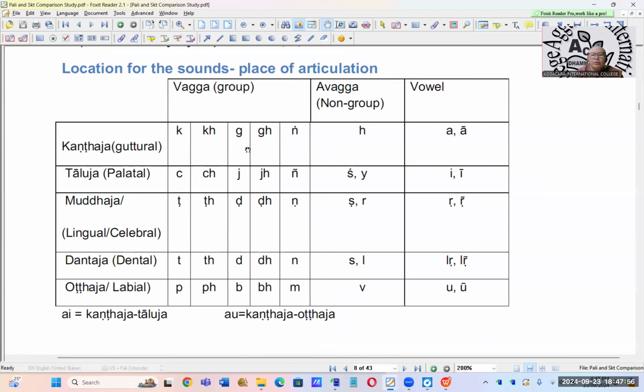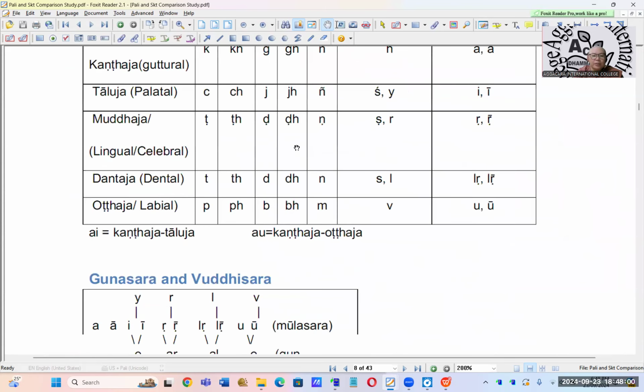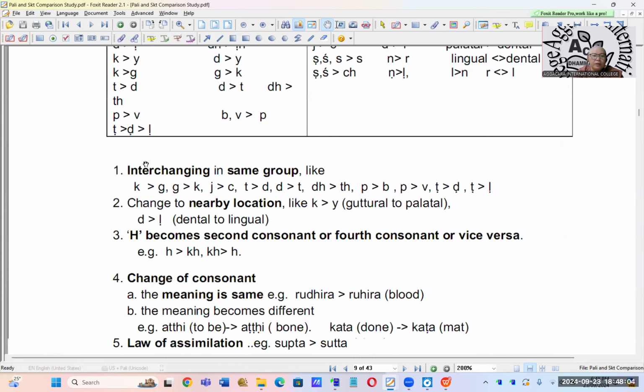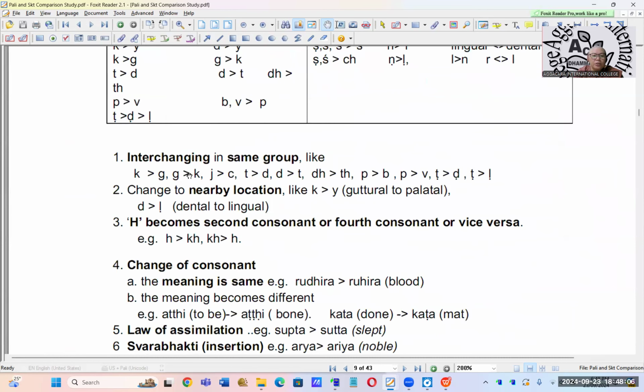P can change to B, so this is called same group here, okay? So this is one of the possible example that can happen, same group. All right, so K, G, G to K, J to C, T to D, D to T, the same group. P to V. T, this lingual T change to dental T.